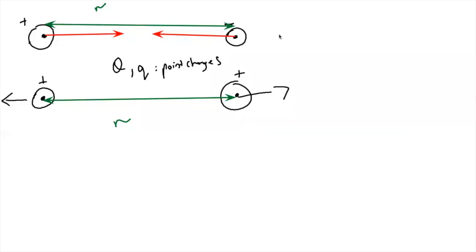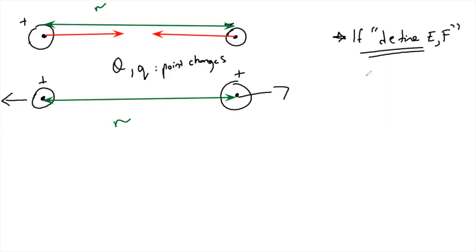Now, there's a little advice or a note that I'd like to make. If they ask you to define electric field or force, use 1 divided by 4 pi E naught.